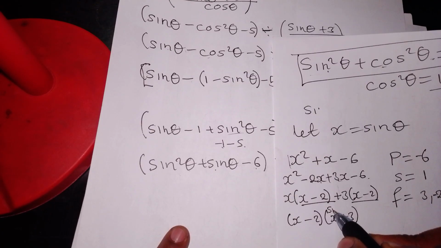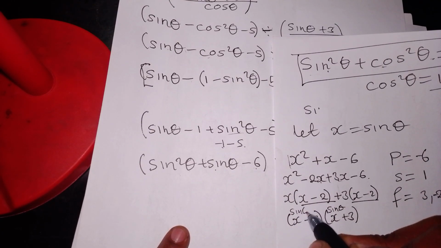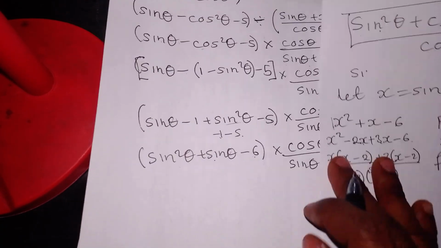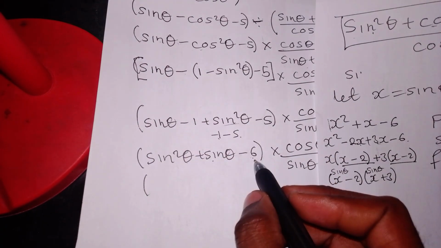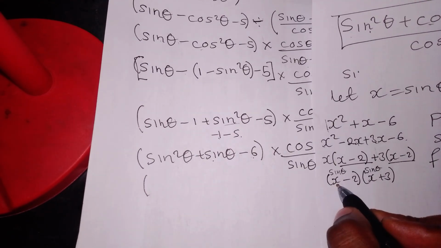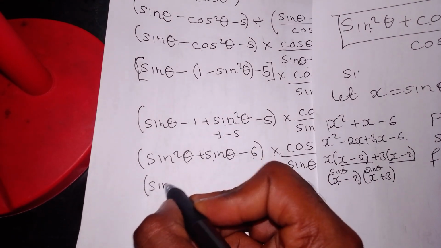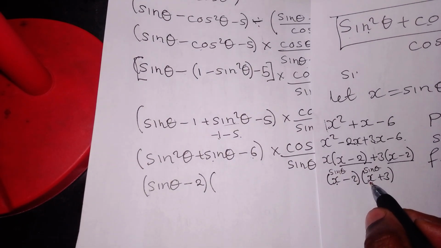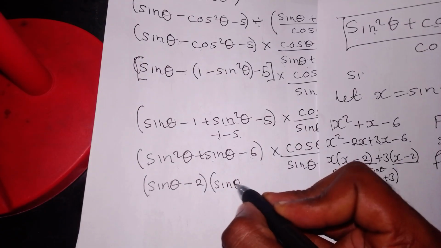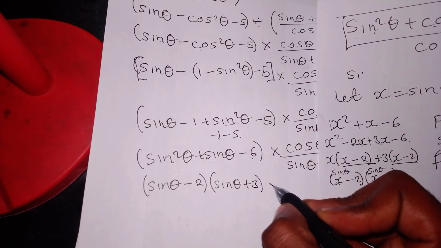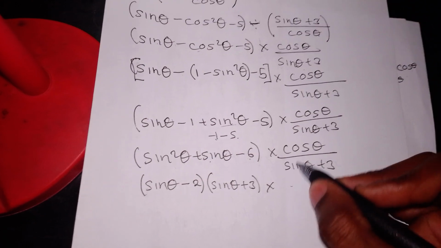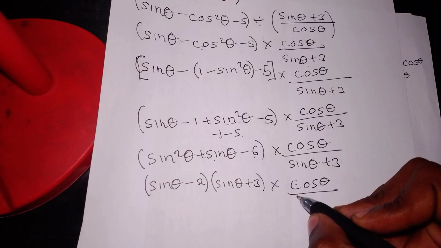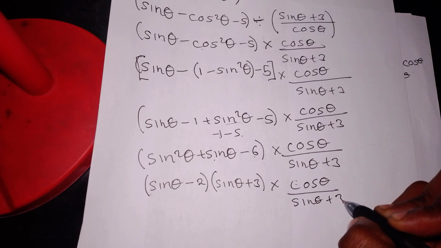But remember, this is sine theta and this is sine theta too, so you can just replace these things in there. So when you factorize this, you get x is sine, so this will be sine theta, and then -2, then you close, you have another sine theta plus 3, then multiplied by this part here, which is cos theta over sine theta plus 3.